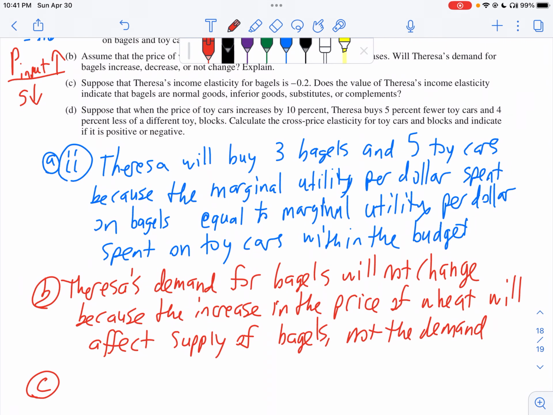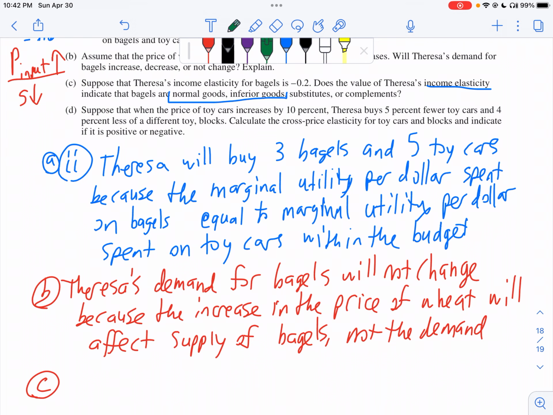Assume that Teresa's income elasticity for bagels is negative 0.2. Does the value of Teresa's income elasticity indicate that bagels are normal goods, inferior goods, substitutes, or complements? So right off the bat here, it is income elasticity. The only things we're dealing with here are normal goods and inferior goods. Okay.